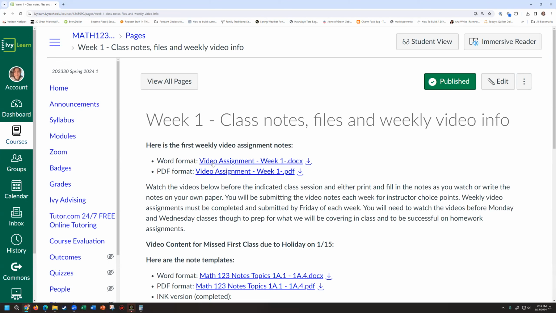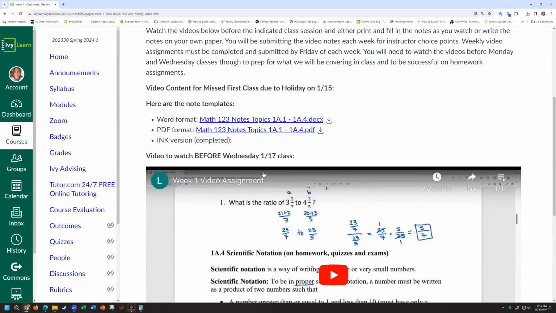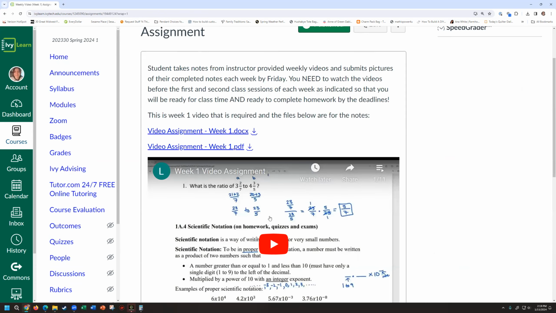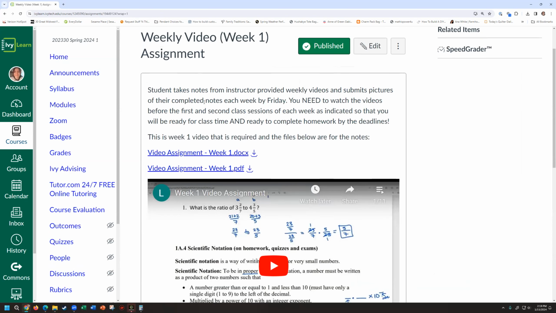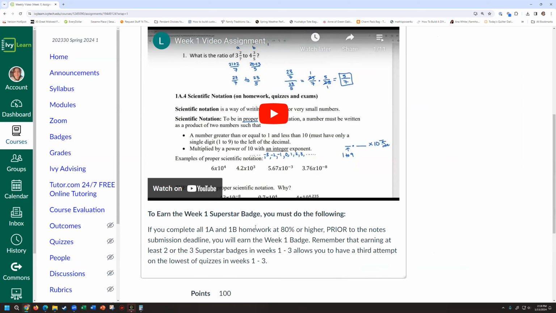But that video assignment has a Word format and a PDF format, and it tells you what videos that you need to watch. So if you go into the actual assignment at the bottom, that's where you'll find this. It's a little bit easier. I need to make sure I've got it linked to the right video. But this is the video that needs to be watched, and notes need to be turned in before Friday at 11:59 p.m. And then we'll talk about the badge system in class.